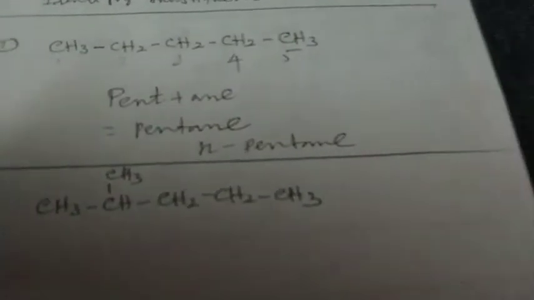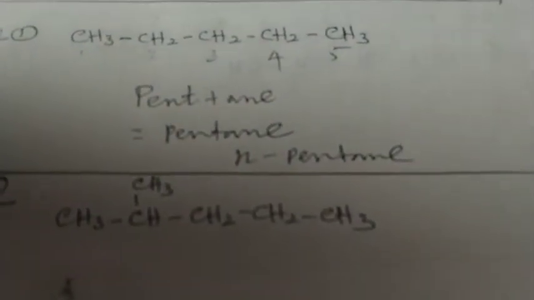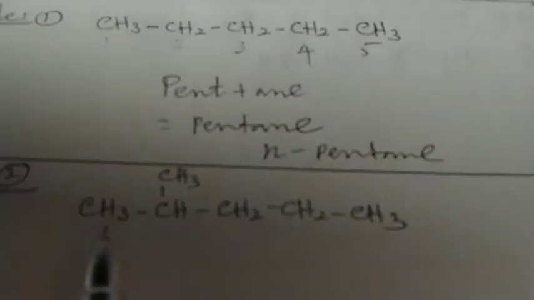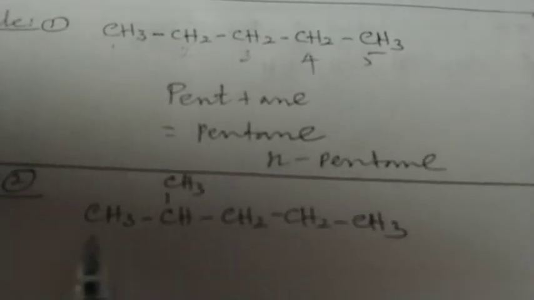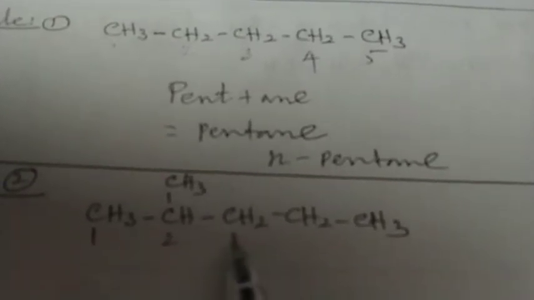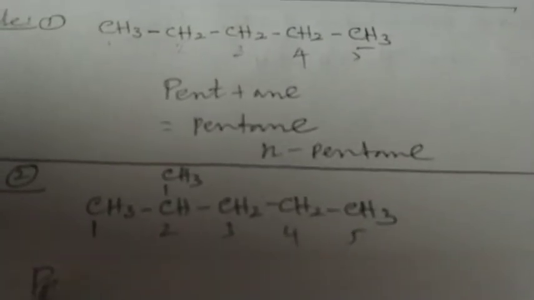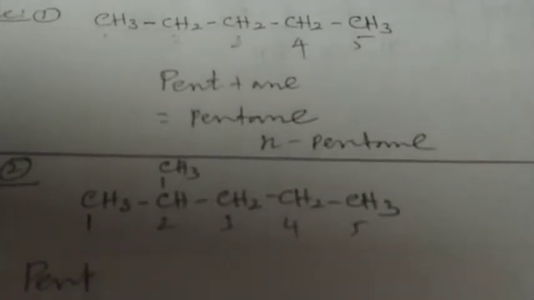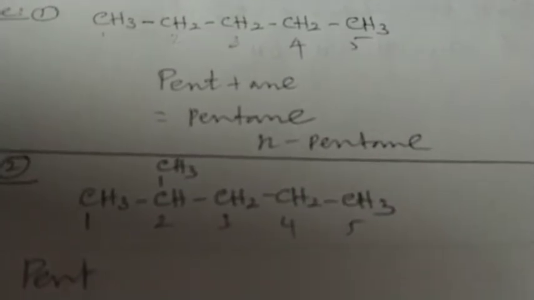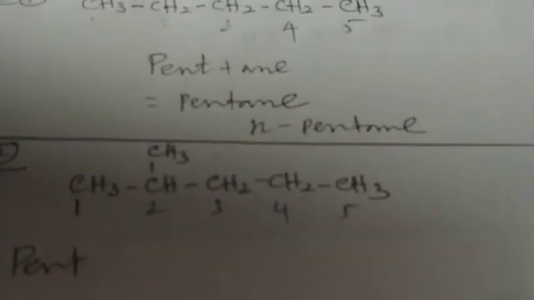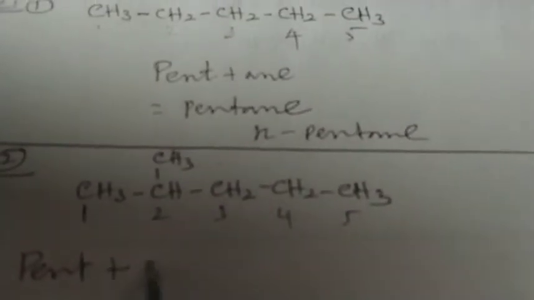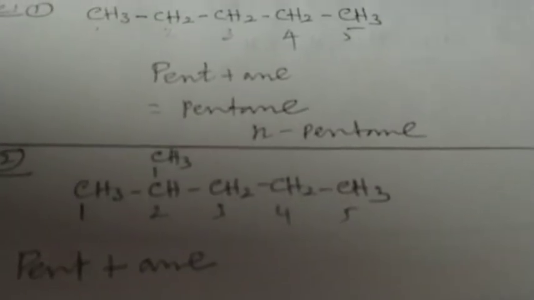We have to find the longest chain of carbon atoms. Here, see, 1, 2, 3, 4, 5 carbon. So the root word is pent. And here all are single covalent bonds, so ANE.